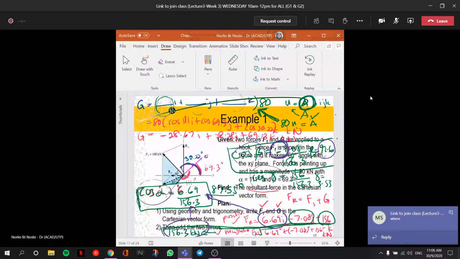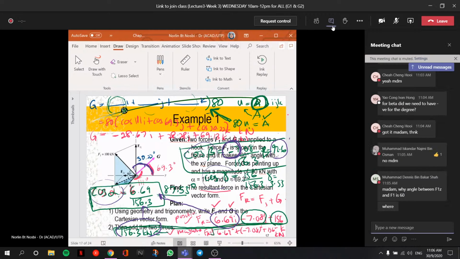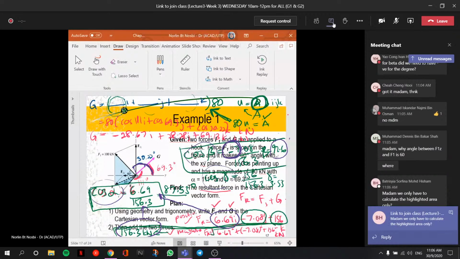Have you seen it? Please refer to the notes. Can you see the 60, this one? The question also gives that F1 is shown in the figure and it makes a 60-degree angle.